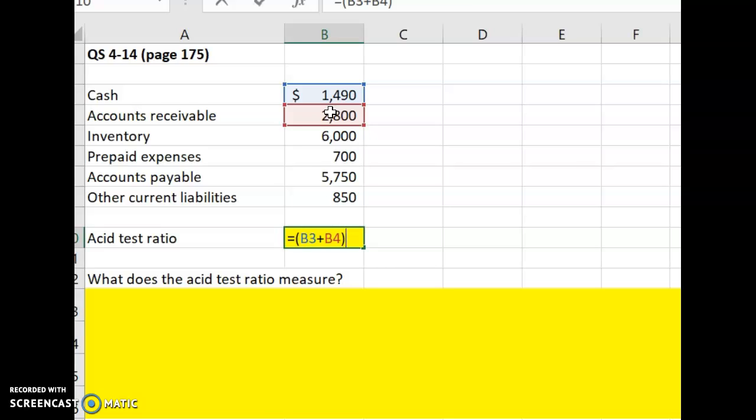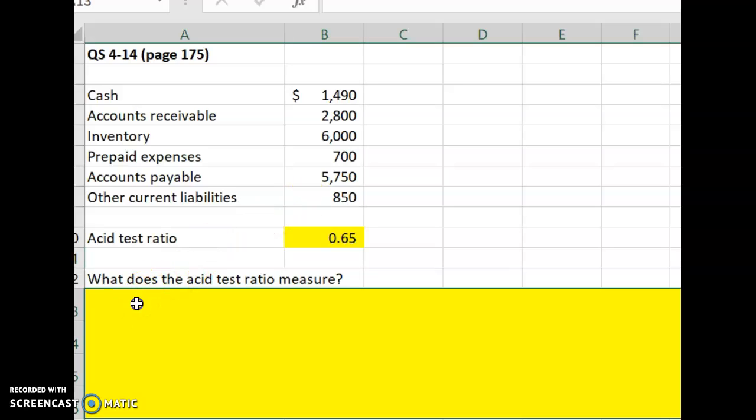Those are the longer current assets. We just include the quick current assets. This is also commonly referred to as the quick current ratio. I'm going to divide that by my current liabilities, which are the accounts payable plus other liabilities. And I get an acid test ratio of 0.65.